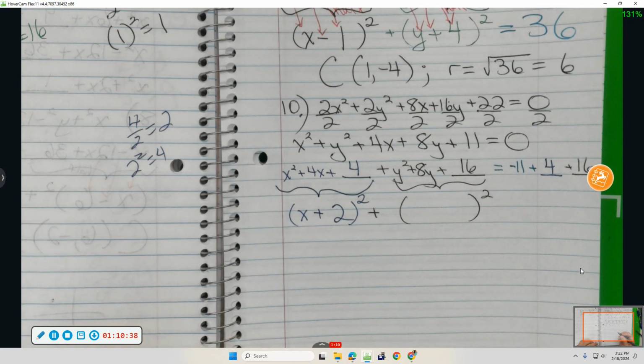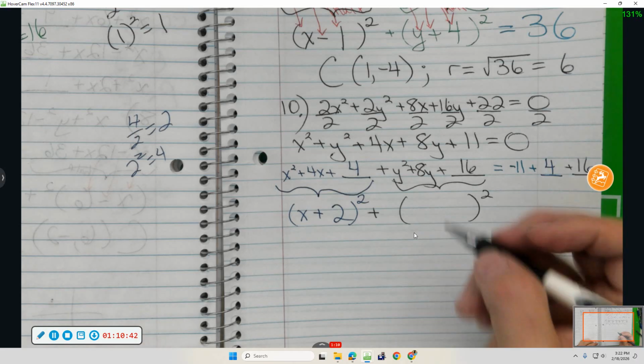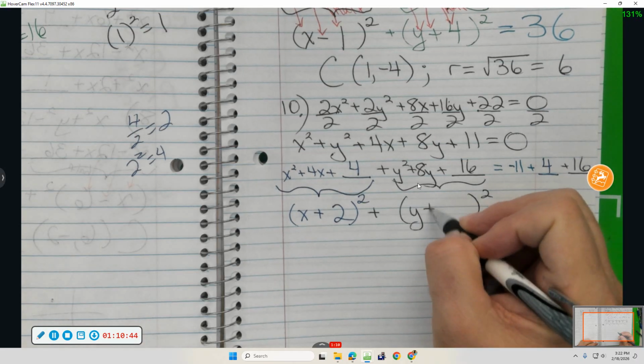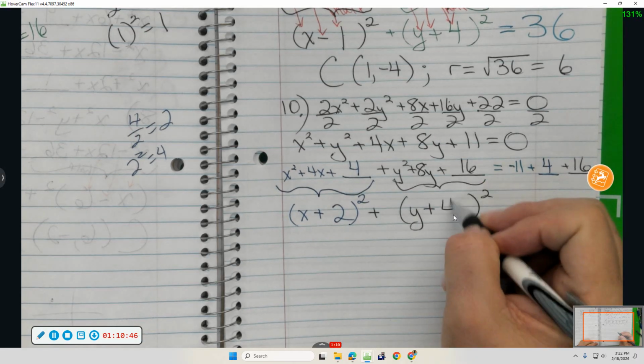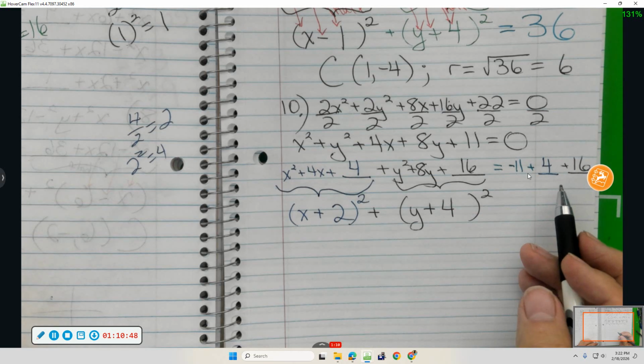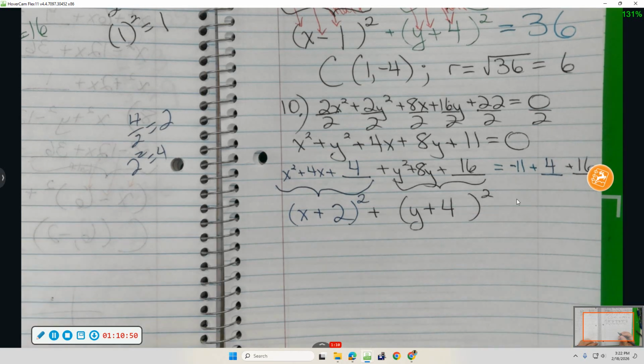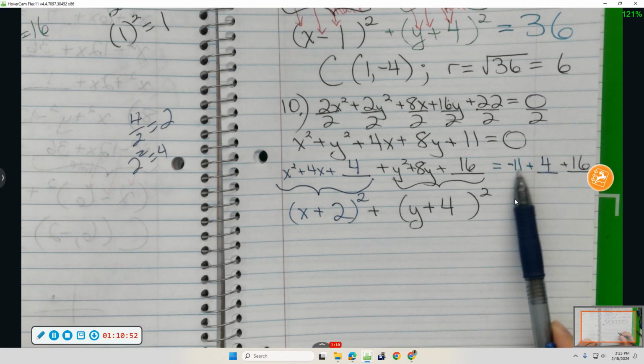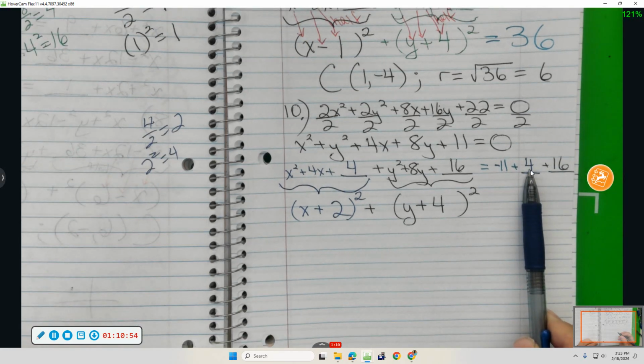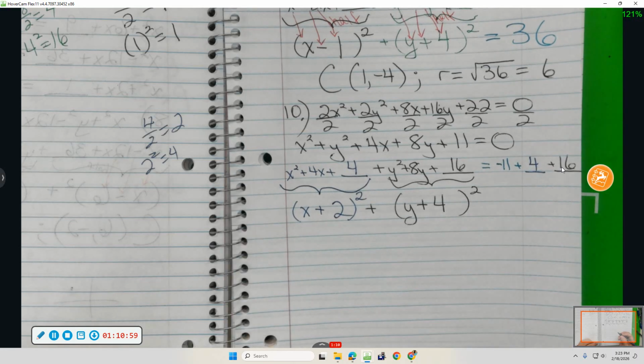Y plus 4. Variable, sign, half of that number. What have we got on the right-hand side? Negative 11 plus 4 is a negative 7. Negative 7 plus 16 gives me a positive 9.